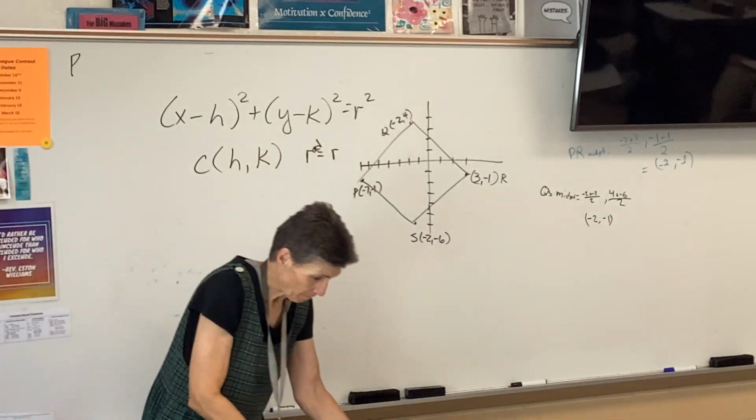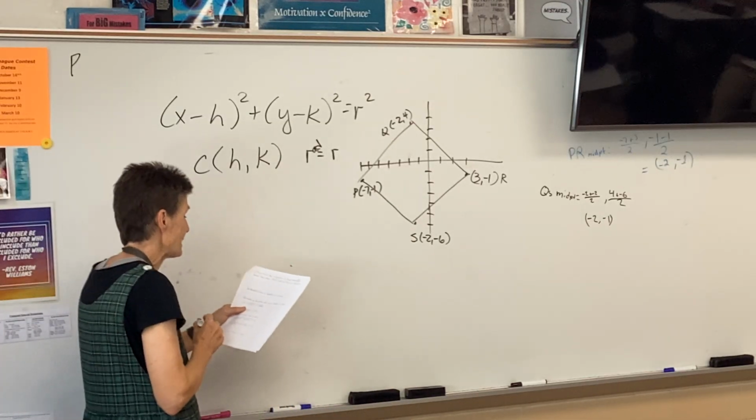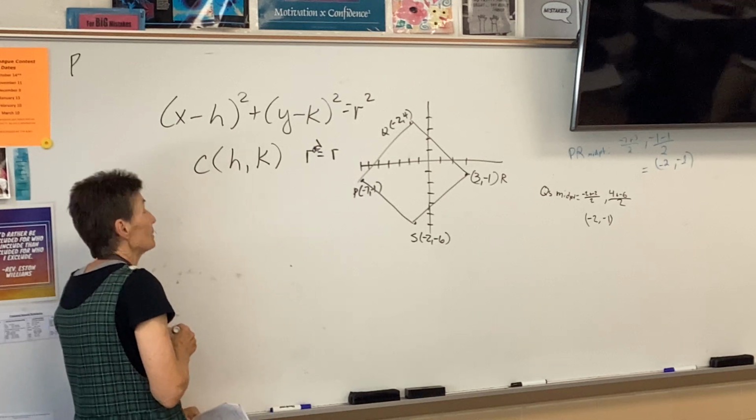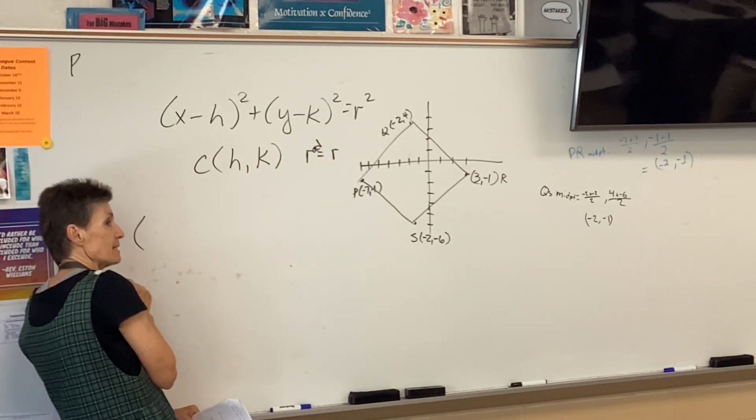So, write the equation of the circle with the given radius and center. Okay, so you're going to write that equation. All right, this is pretty easy.